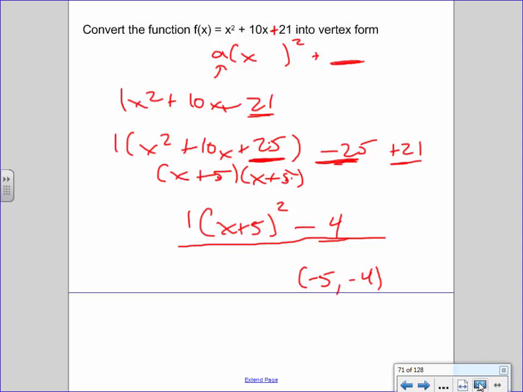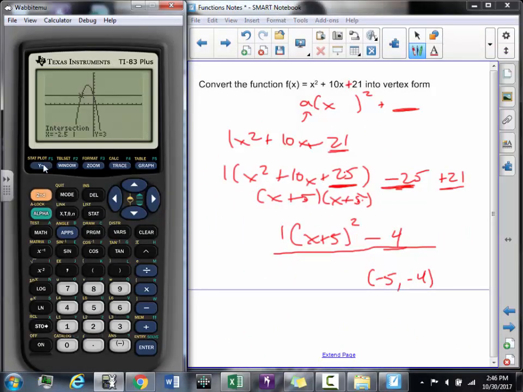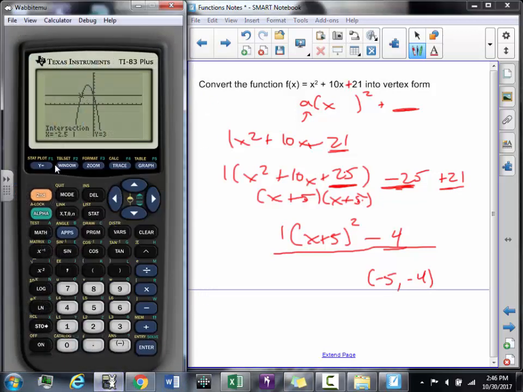Now let's prove it to you. Let's confirm that with a calculator just to make sure I'm not lying to you. Not that you'd expect me to, I'm sure, but come on. Why aren't you working? That's not good. There we go. Okay, so what was our equation? It was x squared plus 10x plus 21.